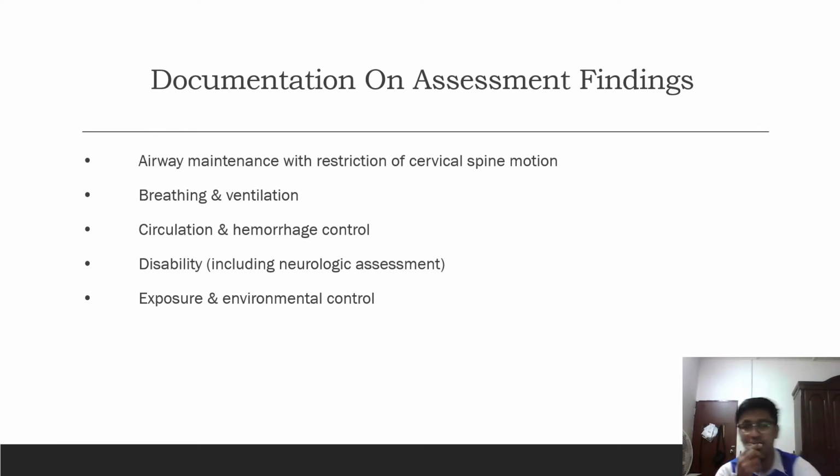In primary survey, the components A, B, C, D, E mean: A is airway maintenance with restriction of cervical spine motion. B, breathing and ventilation of the patient. C, circulation and hemorrhage control. D, disability, including neurologic assessment. E, exposure and environment control.